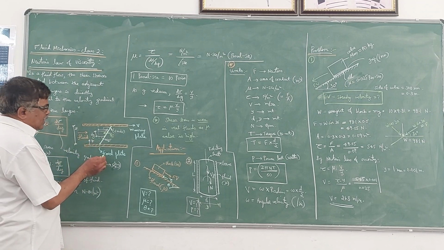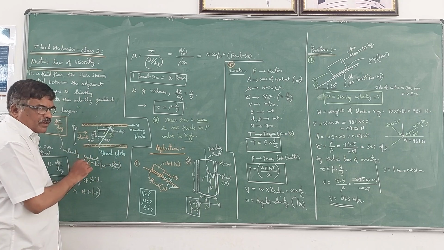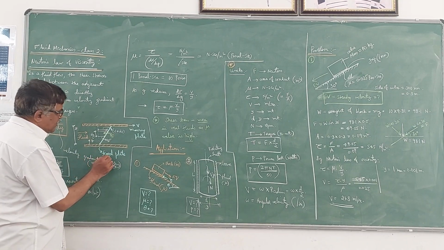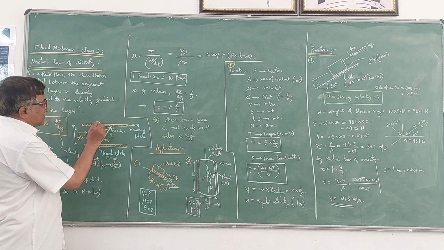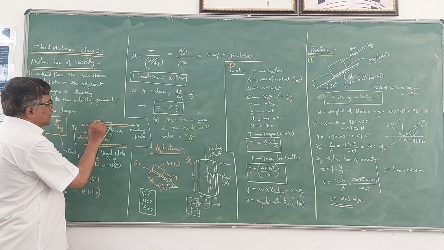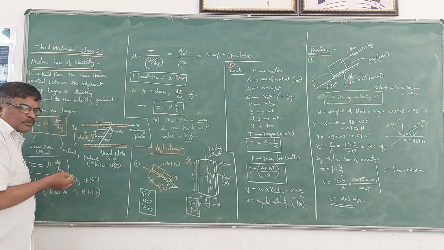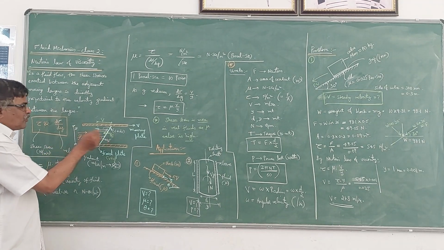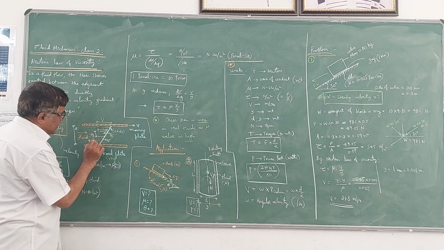Now to understand that, I will consider a fluid flowing in between two plates, out of which one plate is a fixed plate, that means velocity is 0, and the other plate is moving with the velocity v. So let us assume that this fluid is flowing in smooth layers.